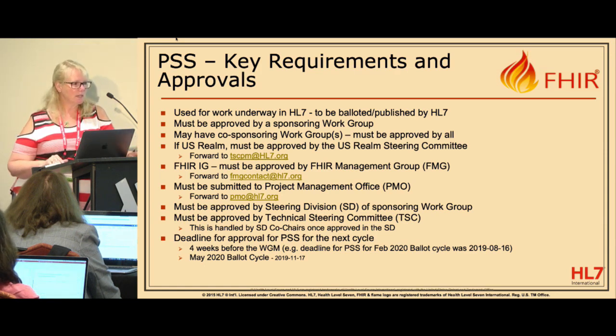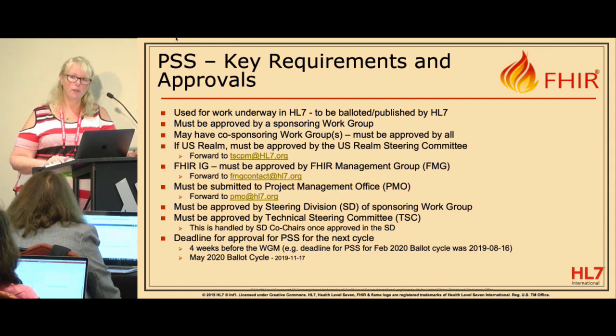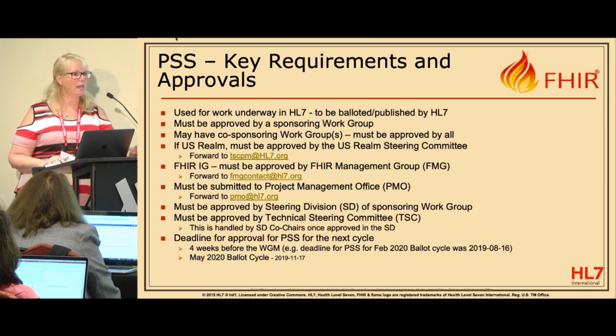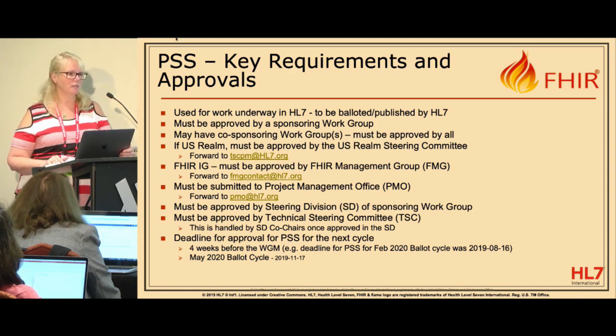If the project is US realm, meaning it's a project, a FHIR IG for example, that is intended to be used in the US, there is a US realm steering committee that has to approve the project. And that actually has to happen before your work group goes through the approval. So the US realm steering committee has to approve it before it actually hits the work group.